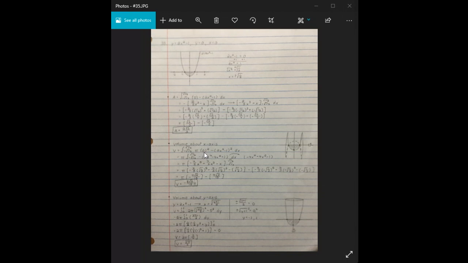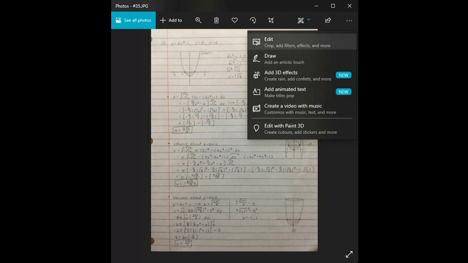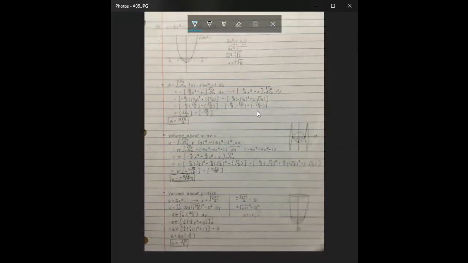Yes. But you don't have pi times (2x squared minus 1) squared. Well, your pi applies to both of them. Put the parentheses around. Right. Your pi applies to both.